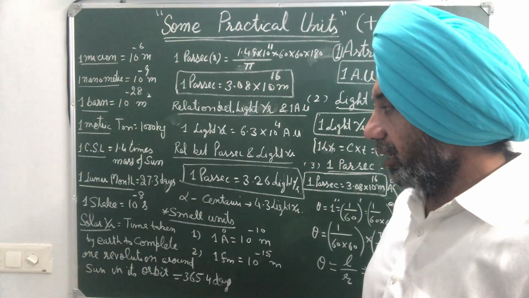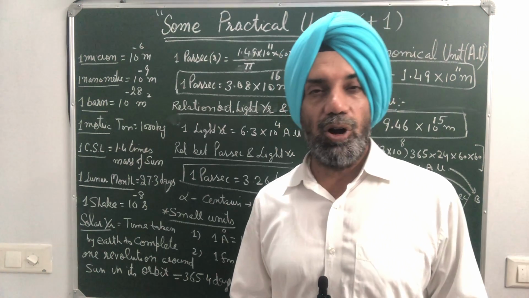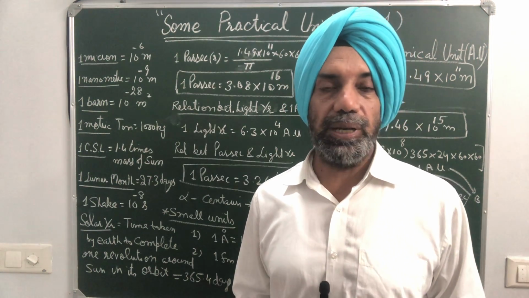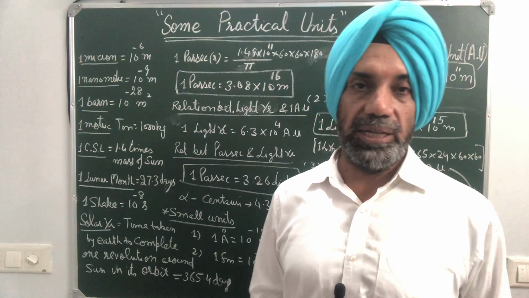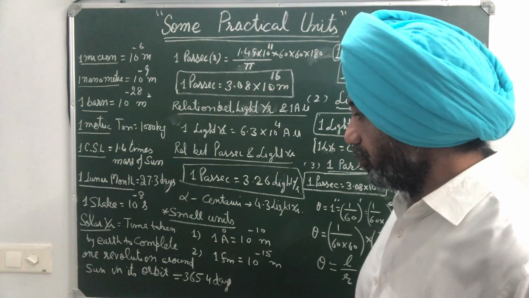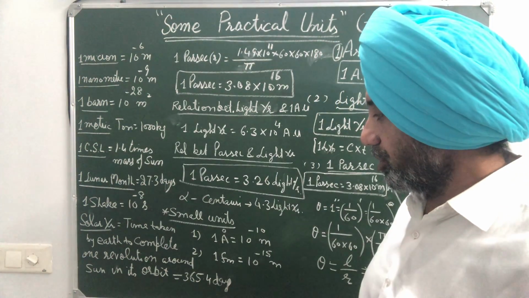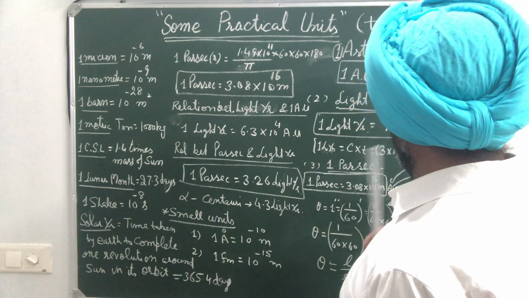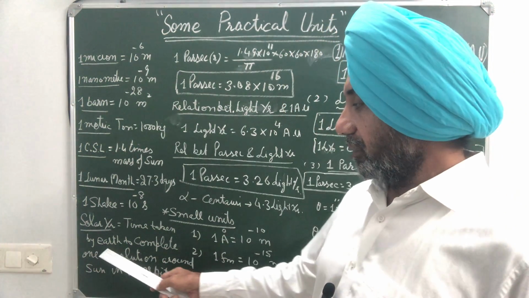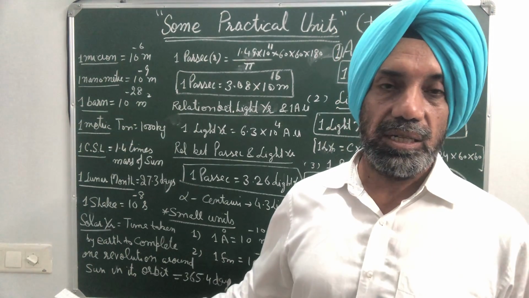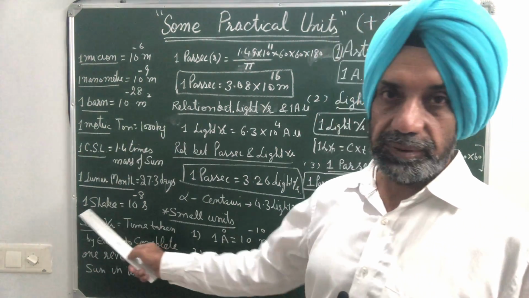Then there is the solar year, because earth revolves around the sun in an elliptical orbit and it completes one revolution in 1 year, that is 365.25 days. Earth completes one revolution around the sun in an elliptical orbit, and this is known as solar year.